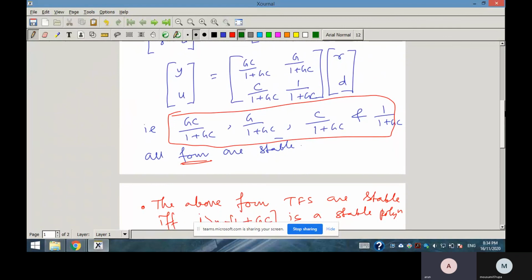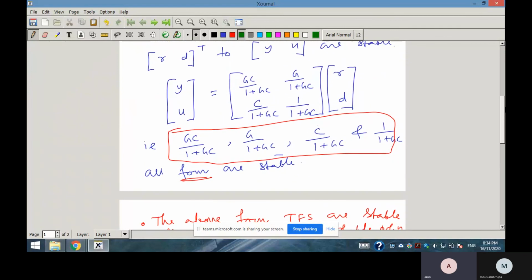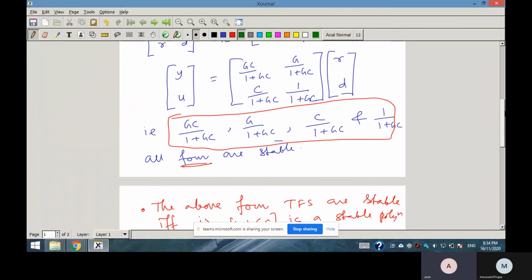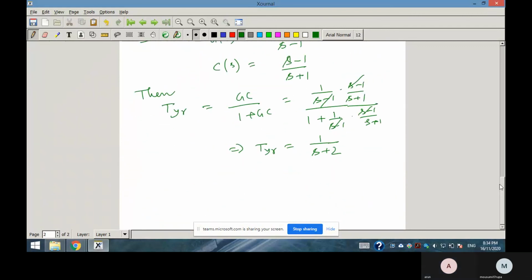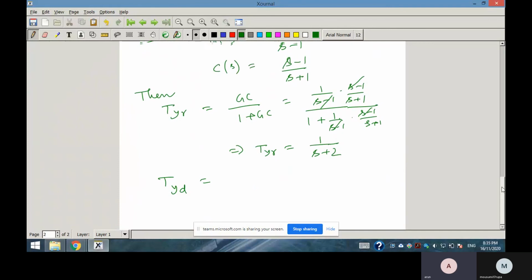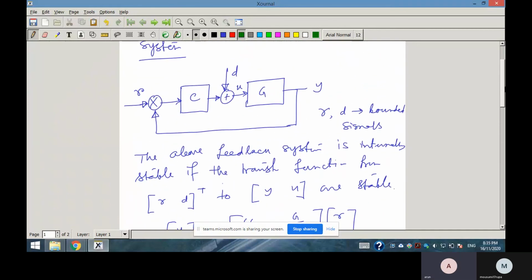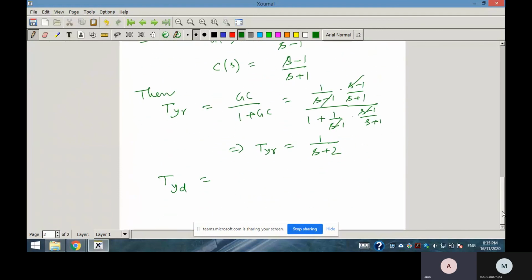If you take the y to d transfer function, then what will happen? On this figure, T_yd is G divided by 1 plus GC. So this will be 1 by s minus 1 divided by 1 plus 1 by s minus 1 times s minus 1 by s plus 1.